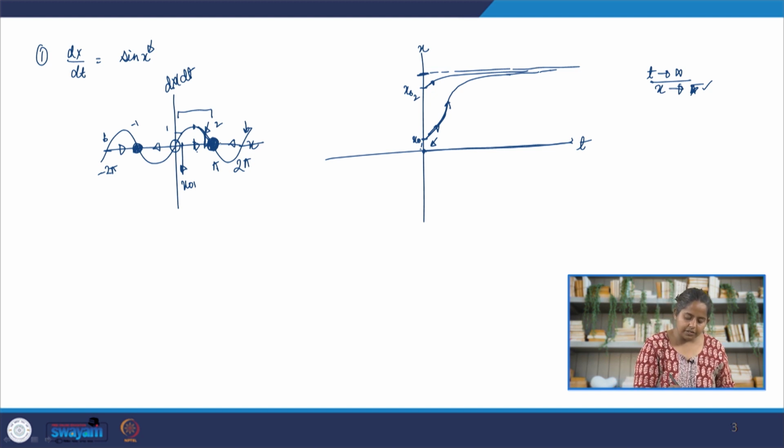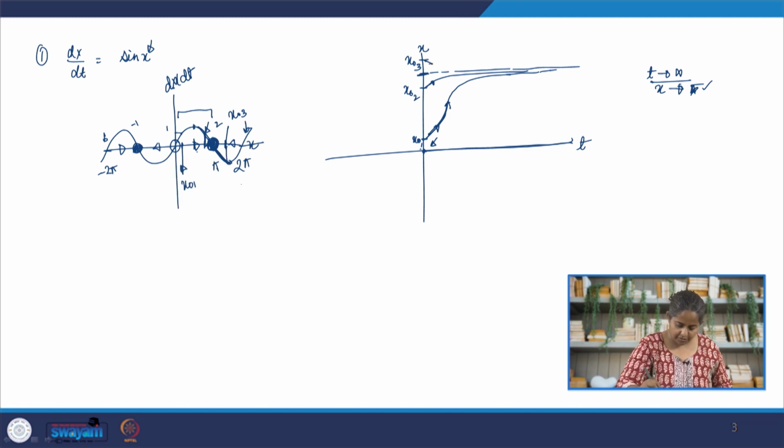Now, what happens when we start right next to the pi on the positive side? So, we are slightly above pi. Again, notice very clearly dx by dt is negative. The sign of dx by dt is very important. So, let us say this is our x naught 3, we are starting here, x naught 3, we are close to the pi, but we are bigger than pi. dx by dt is negative, which means that x will reduce.